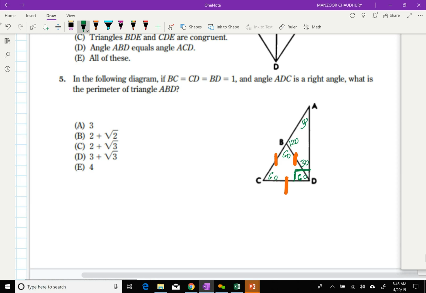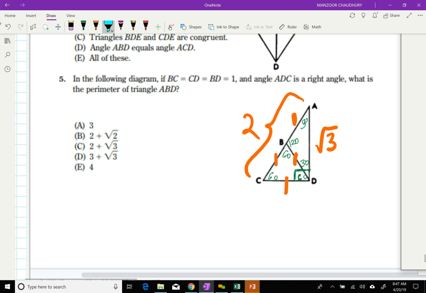Now you can see that opposite of 30 and opposite of 30 must be equal. So this side must be equal to this side. Now we know two sides of the big 90-degree triangle. And without doing Pythagorean Theorem, you automatically know this is root 3, because it's a 30, 60, 90 special triangle.